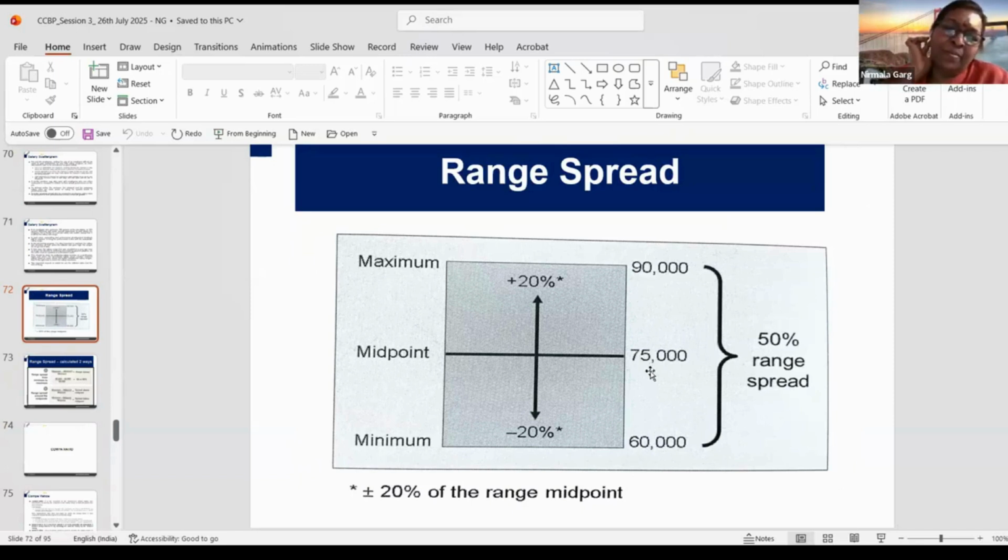Say, for example, because it is plus minus 20%, it is at an entry level or at L2. This midpoint, I will position it based on my pay policy. This 75,000 could be at a minimum of market, or at a P25, or at a P50, depending on my pay policy. Are you with me now?